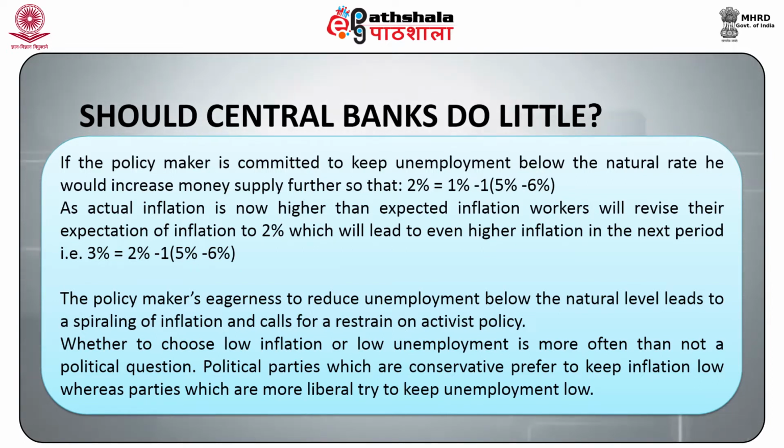As actual inflation is now higher than expected inflation, workers will revise their expectation of inflation to 2%, which will lead to even higher inflation in the next period: 3% = 2% − 1(5% − 6%). The policymakers' eagerness to reduce unemployment below the natural level leads to a spiraling of inflation and calls for a restraint on activist policy.